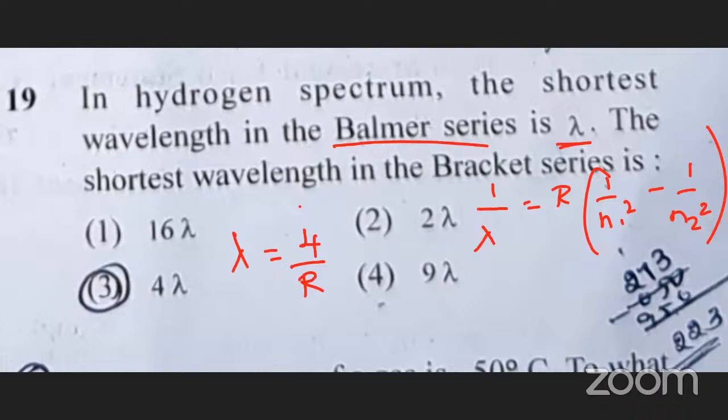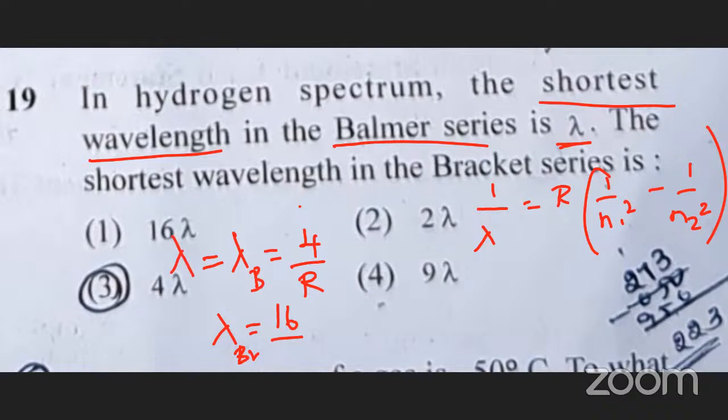For the shortest wavelength, the electron jumps from the infinite orbit to the second orbit. Then you will get the shortest wavelength in the Balmer series. So the lambda value is equal to 4 by r. Similarly, the shortest wavelength for the Brackett series is 16 by r.